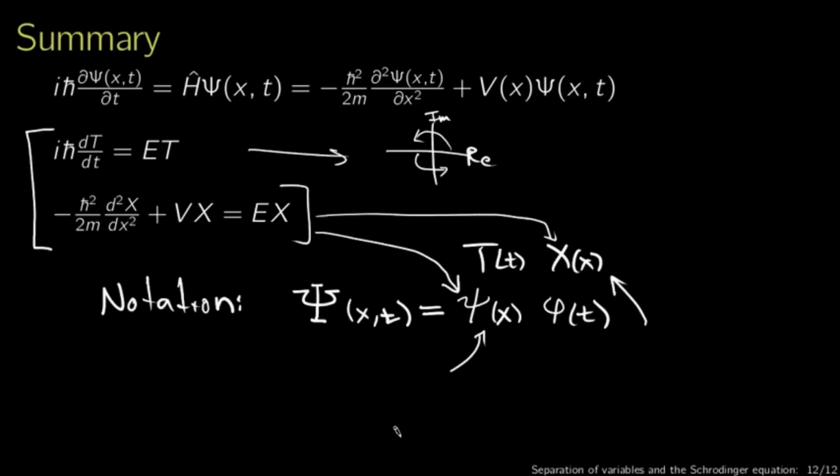What that means is that a lot of people are sloppy with what they call the wave function. This is the wave function. This is the spatial part, or the solution to the time-independent Schrödinger equation. This is not the wave function. But I've already made this sloppy mistake a couple of times in problems that I've given to you in class. Namely, I'll ignore the time domain part and just focus on the spatial part, since that's the only interesting part.